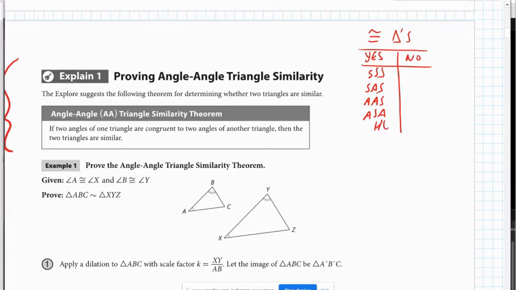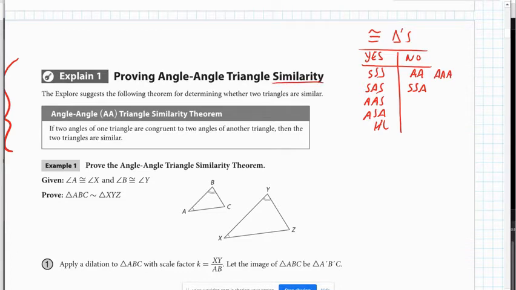And then if we had 2 angles or 3 angles, that did not guarantee that the triangles were congruent. If we had SSA, that did not guarantee that the triangles were congruent. So now we're going to do something similar. We're going to create a list like this, but relating to triangle similarity instead of congruence.